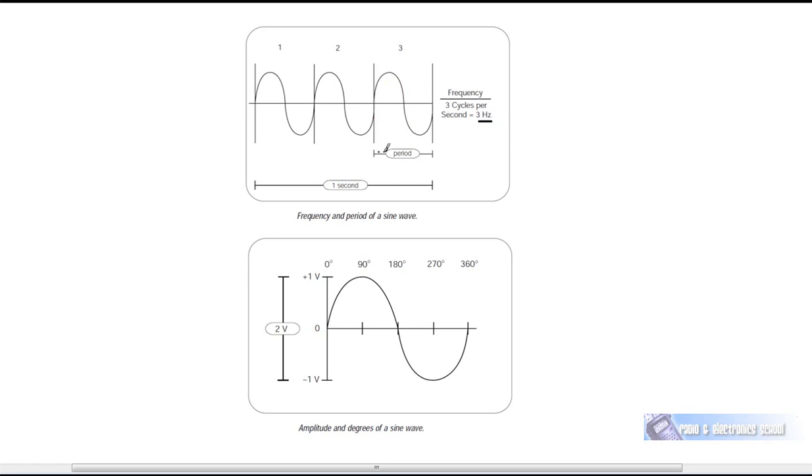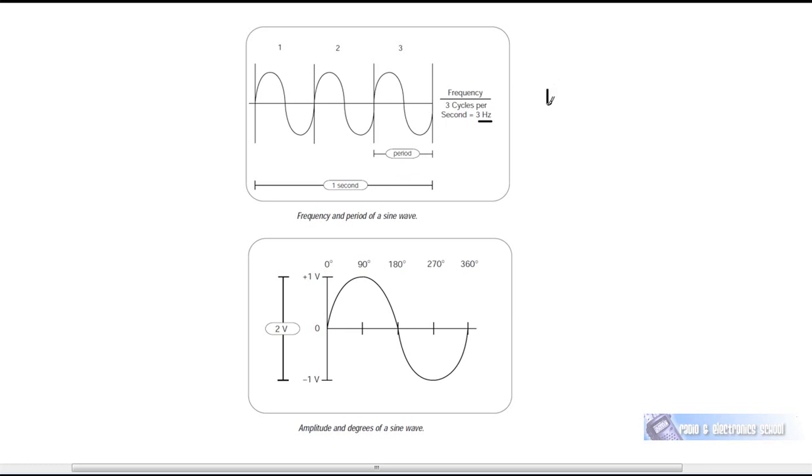The period is the time taken for 1 cycle. The period is how much time it takes for 1 cycle. In this case, if it takes 1 second for 3 cycles, then the period is 1/3 of a second. The reciprocal of the frequency gives you the period.